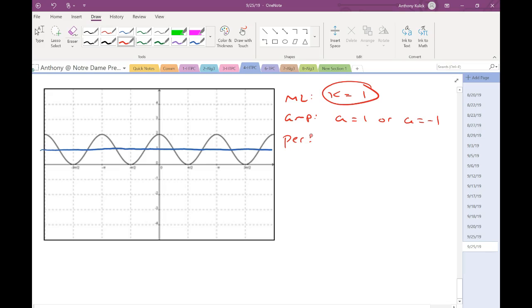What's the period in this situation? It's pi, right? If I start at x equals 0 and I draw one full non-repeating section, that goes from 0 to pi. Everybody agree with that?